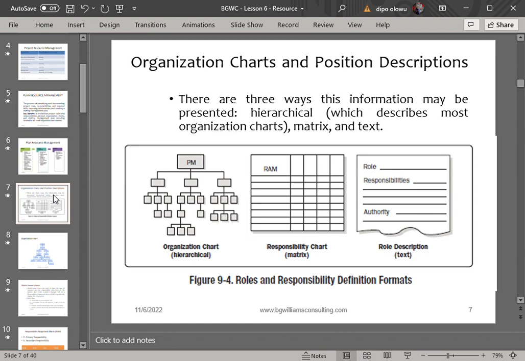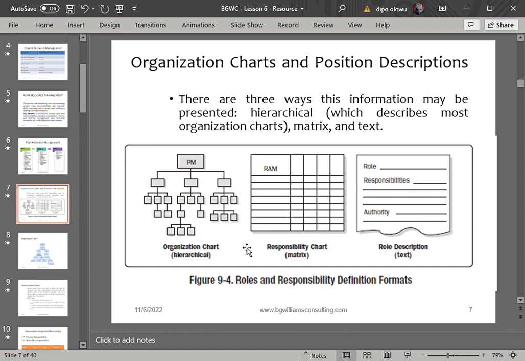Basically, the organizational chart can easily be used to assign roles and responsibilities. So we have three different formats that can be used to assign roles and responsibility to your team members. The first format is using the organizational chart.